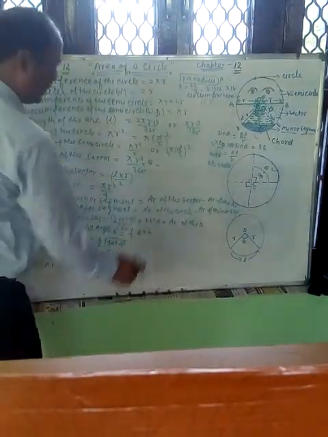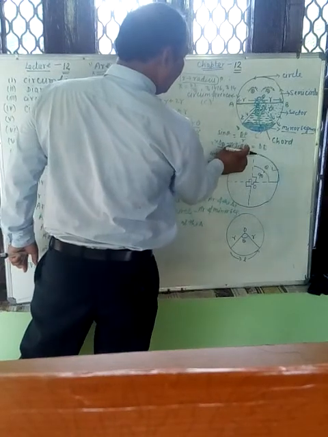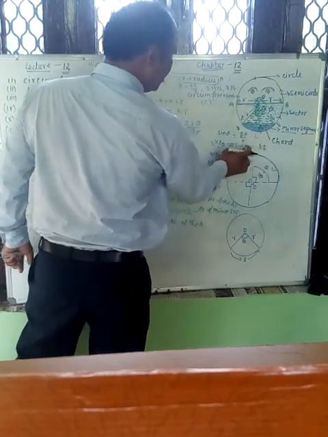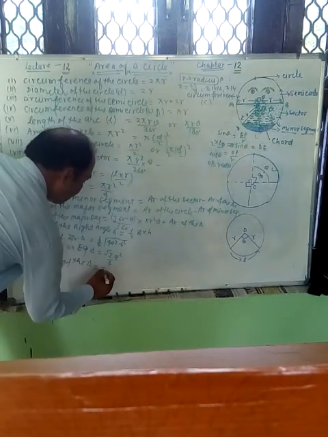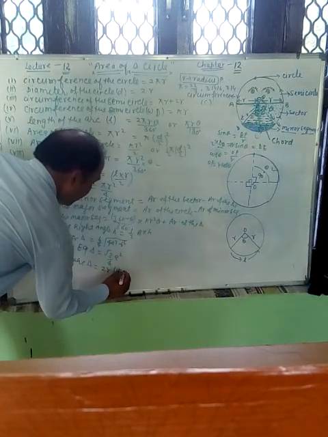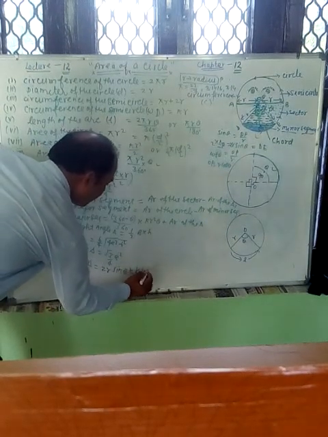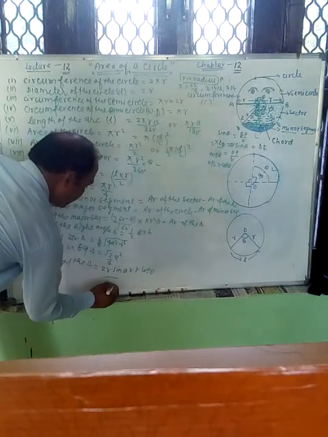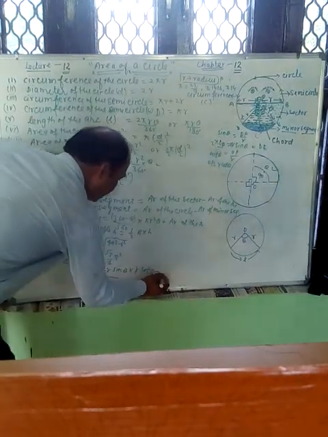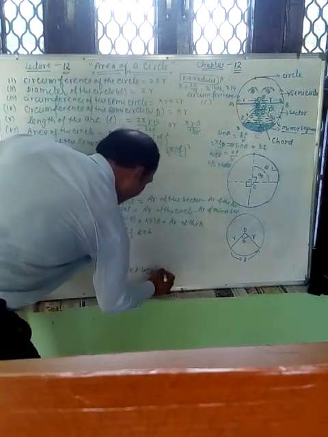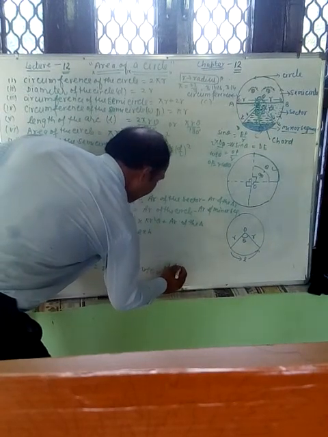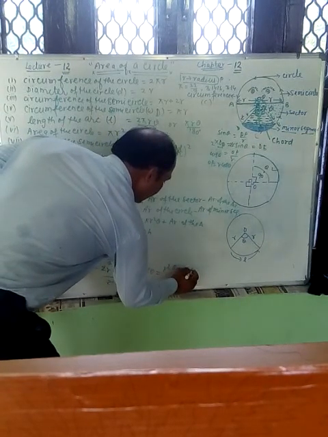This is equal to base 2r sin theta, that is 2r sin theta into r cos theta upon 2. This 2 is cancelled, that is equal to r square sin theta cos theta.